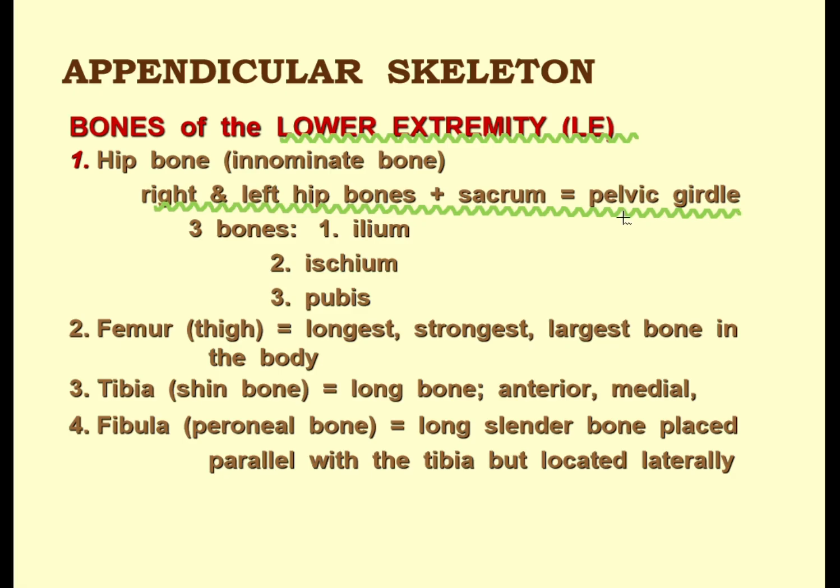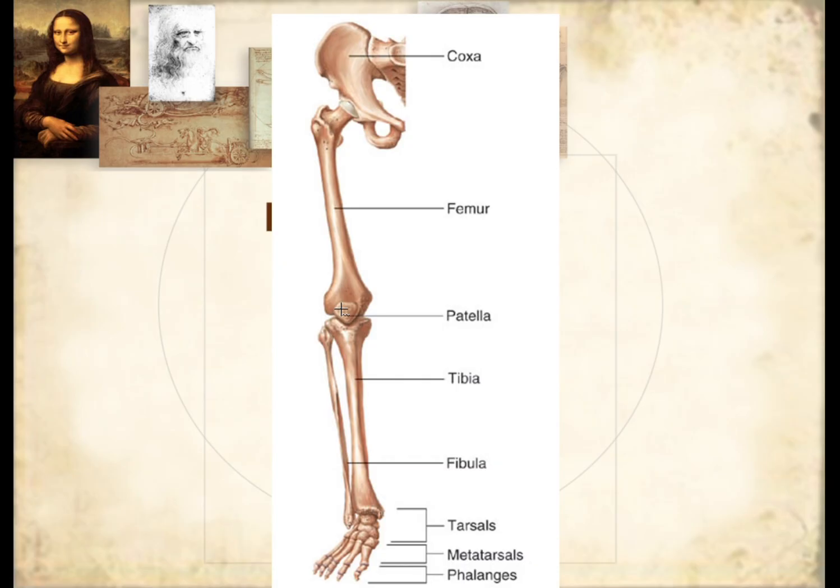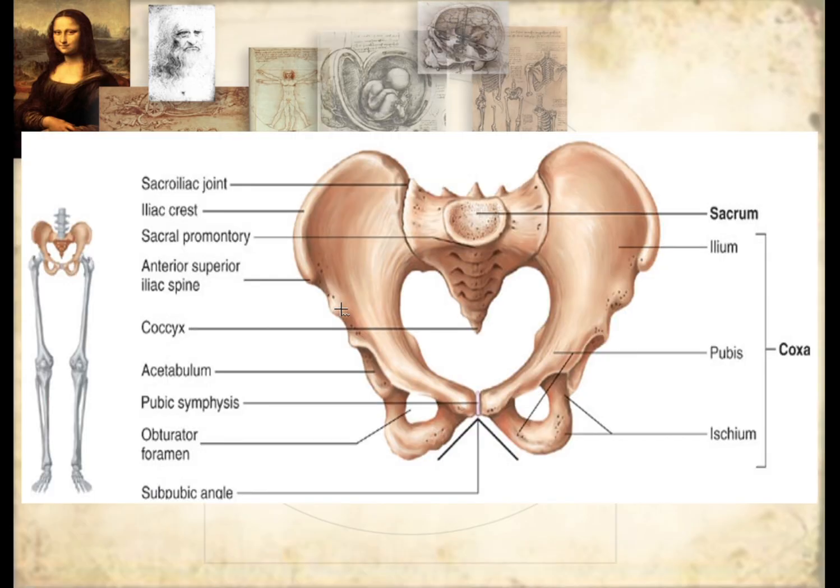We have three bones: the ilium, the ischium, and the pubis. This is a hip bone, as you can see here. This part is the ilium, this is the pubis, and this is the ischium. This part is the coxa.